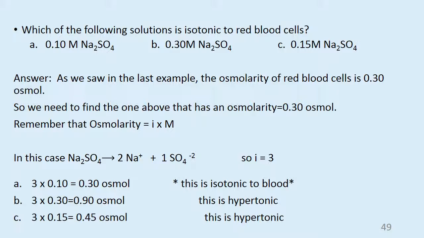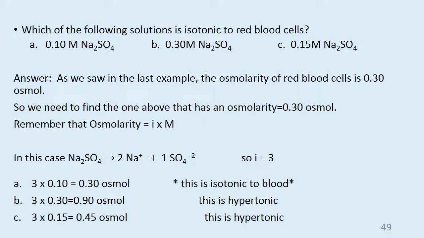SO4 is a polyatomic ion, so that stays together, and Na is two particles. So little i equals 3. To find the osmolarity, we multiply the molarity by 3, little i. So A would be isotonic to blood because 3 times 0.1 is 0.3 osmol. So a 0.1 molar Na2SO4 solution is 0.3 osmolar.